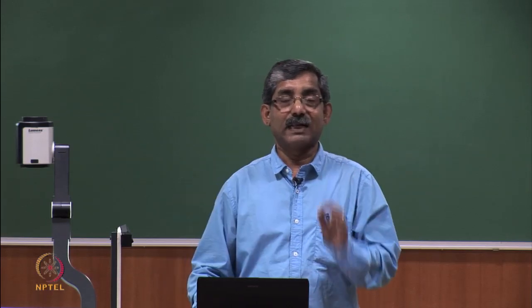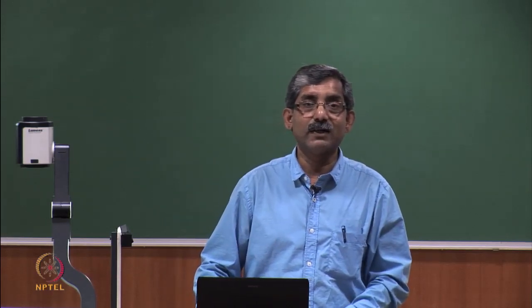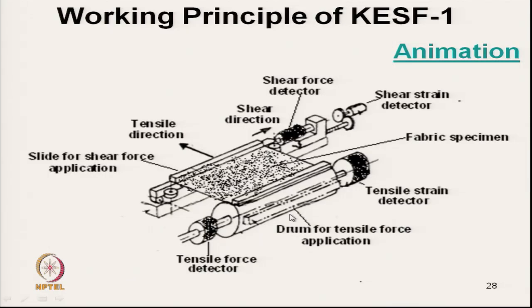Once the tensile measurement is over, then the drum will be stationary, then the other jaw, the slider, will start moving laterally in the left to right direction and again it will come back from right to left direction.